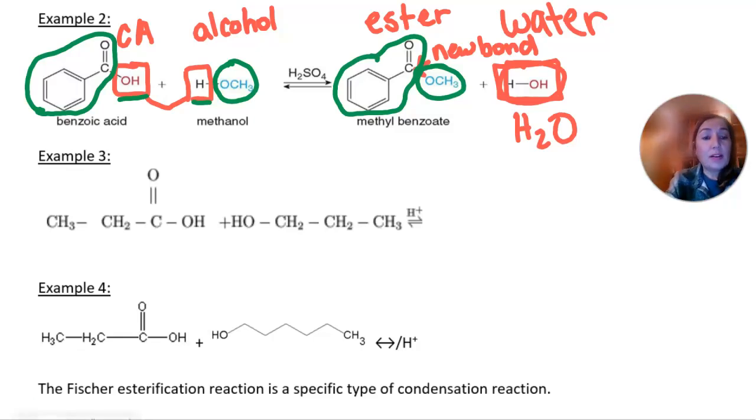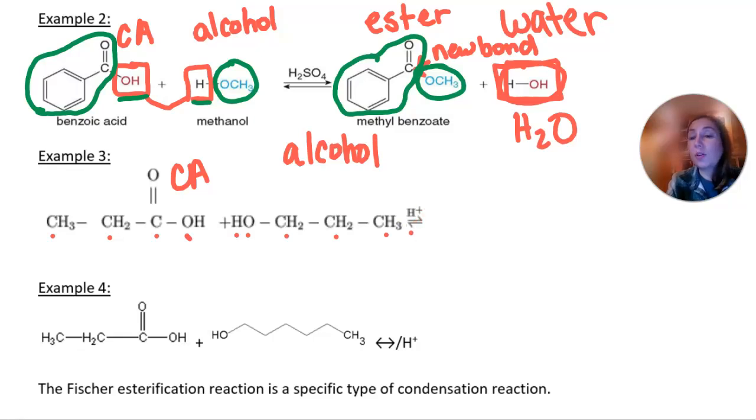How about another example? In this example, we've got CH3, CH2, C double bonded to O, and that C is bonded to an OH, so there's our carboxylic acid. Plus, we've got HO, CH2, CH2, CH3, so propanol, there's our alcohol. There's H plus over an equilibrium arrow, so there's our acid catalyst, likely H2SO4, likely sulfuric acid. We're going to get our OH of our carboxylic acid together with our H of our alcohol to make some water.